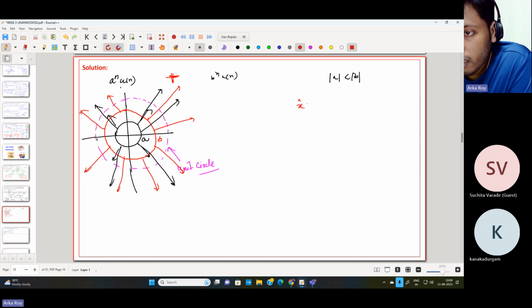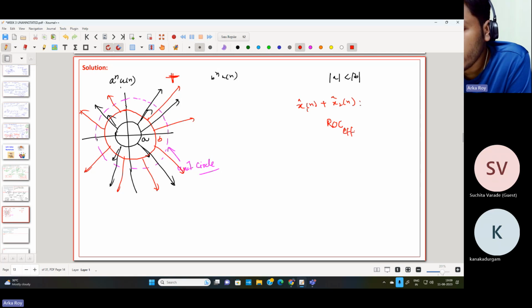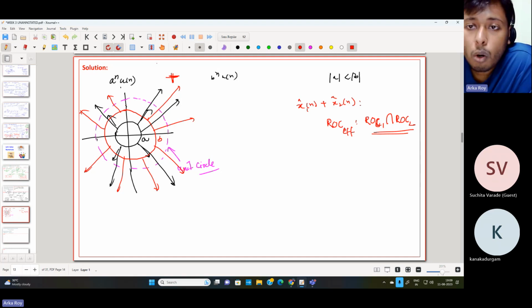As per the property, if the two sequences x1[n] and x2[n] are added, the effective ROC should be ROC1 intersection ROC2. That means we have to find the common ROC region, which will be this one.